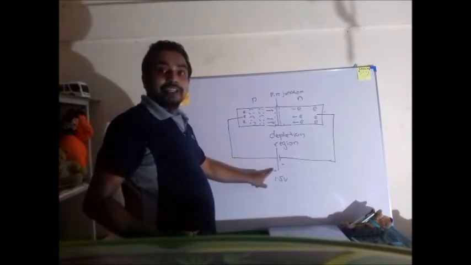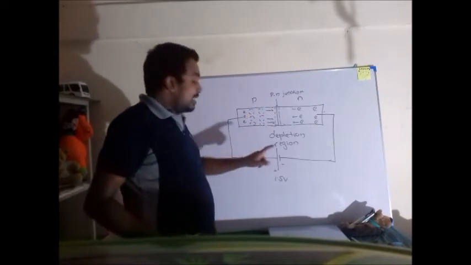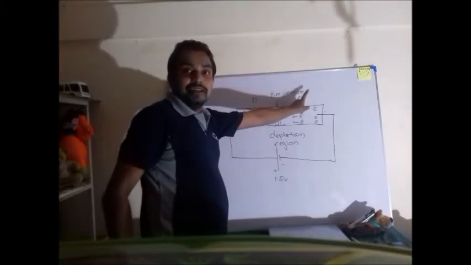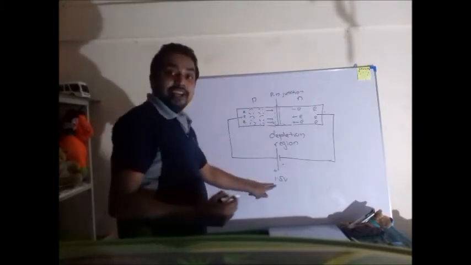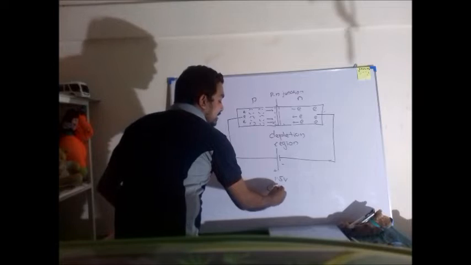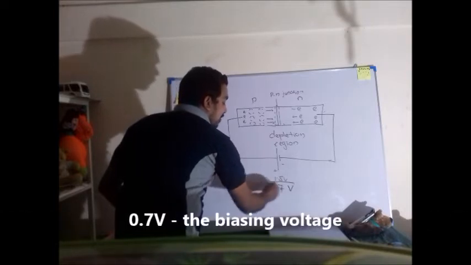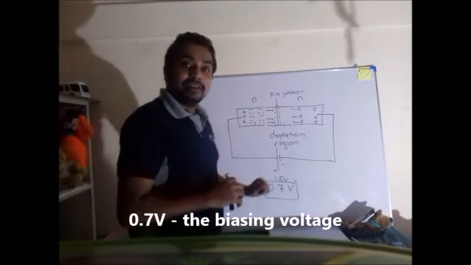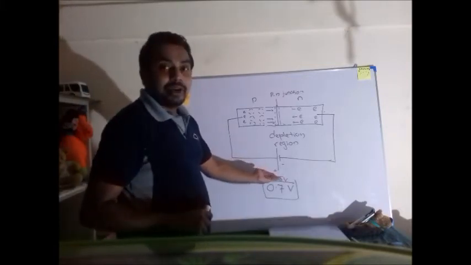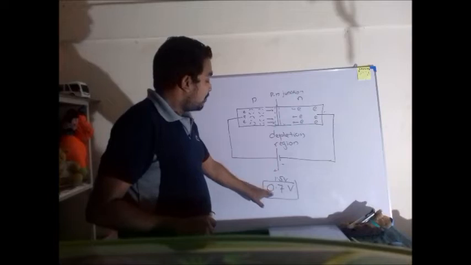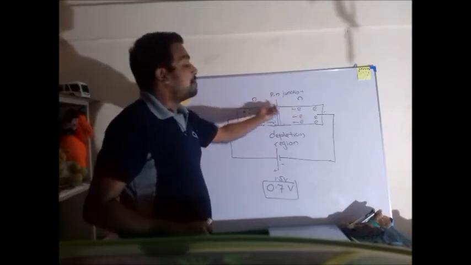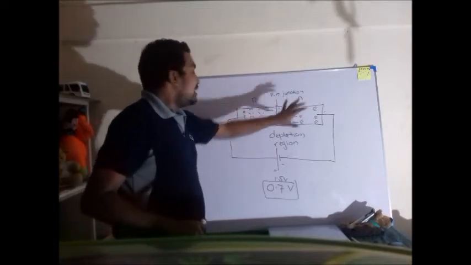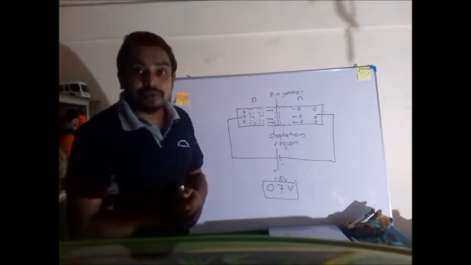When the positive terminal is connected to the p-type and the negative terminal is connected to the n-type, and if it is more than 0.7 volts, it already has 1.5 V, more than 0.7 volts can break this barrier and the electric current flows.